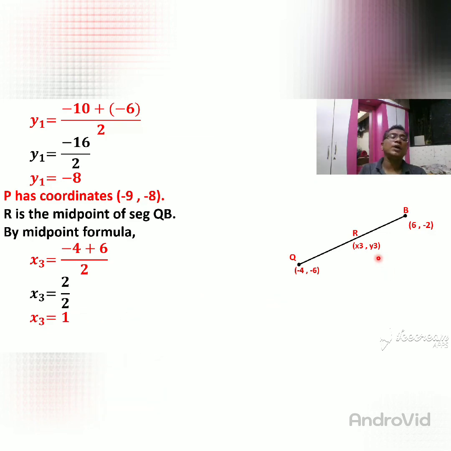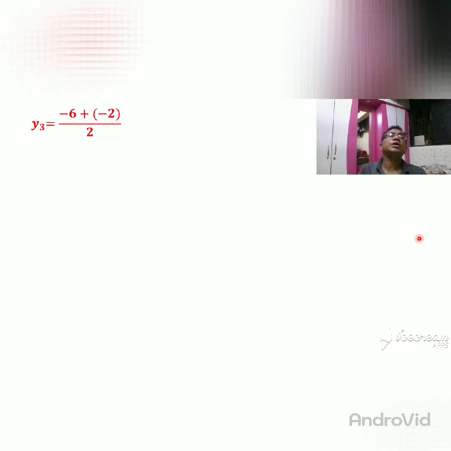Then we want to find y3. y3 is equal to minus 6 plus minus 2, divided by 2. Both 6 and 2 are negative, the signs are the same, so we can do addition.